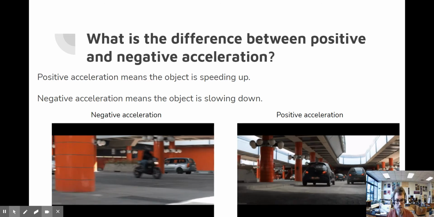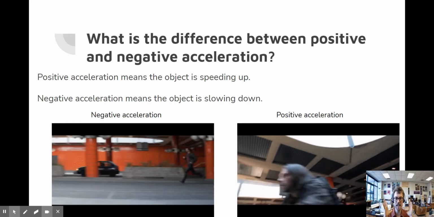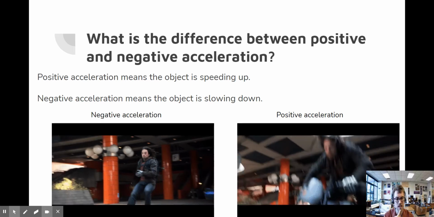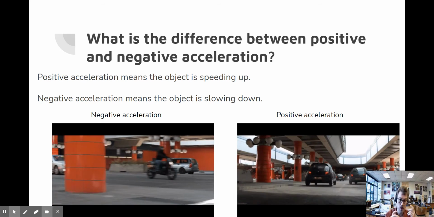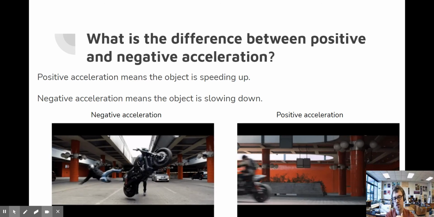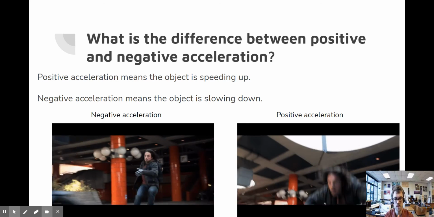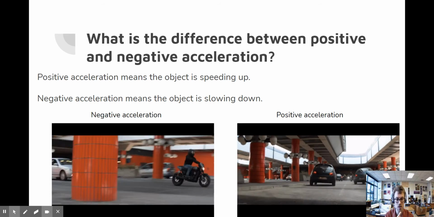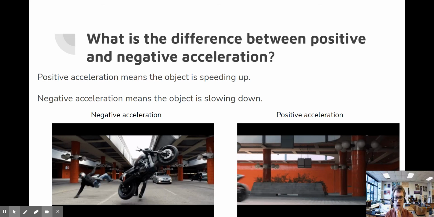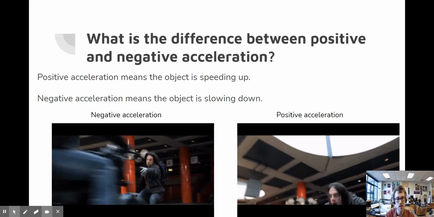So our example on the left, we've got Winter Soldier. Winter Soldier, you'll see at first he's running, right? He slows down, so he goes through negative acceleration. Then he slows down the motorcycle, which is also a negative acceleration, right? So we've got two examples of negative acceleration in the first video, right? Winter Soldier himself slows down as he approaches the motorcycle, and then once he grabs the motorcycle, he slows it down, which is also negative acceleration.